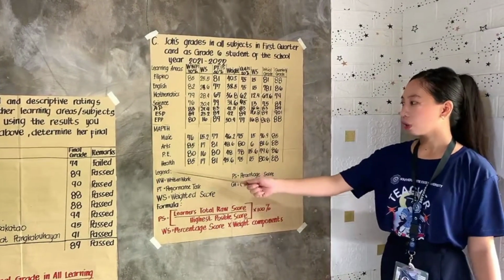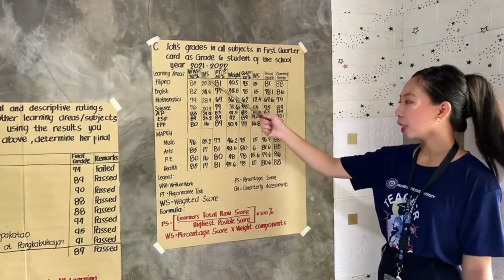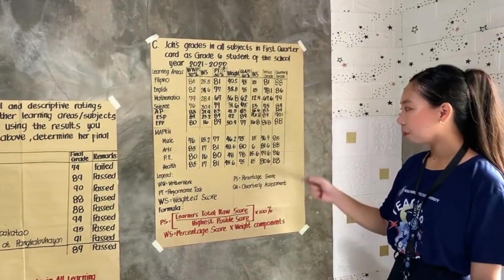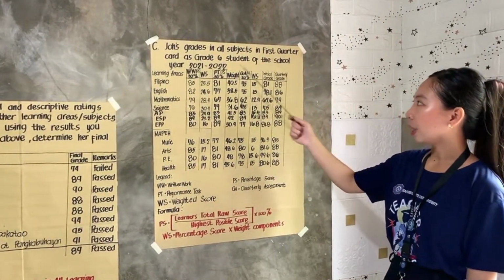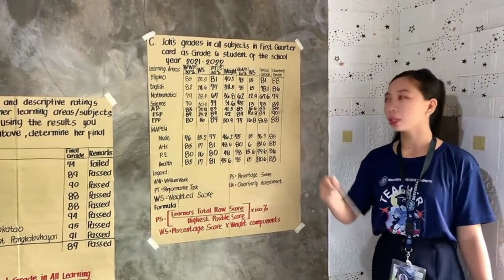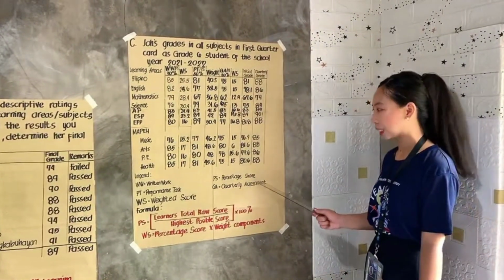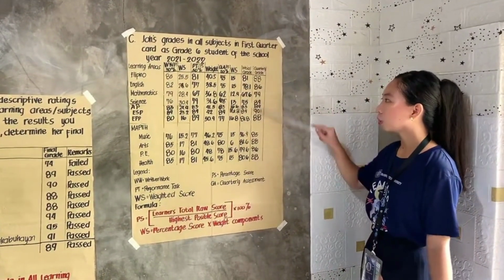And in health, he got 17 weighted score in written work, 45.6 weighted score in performance task, and 15 weighted score in quarterly assessment. Total is 80.6.